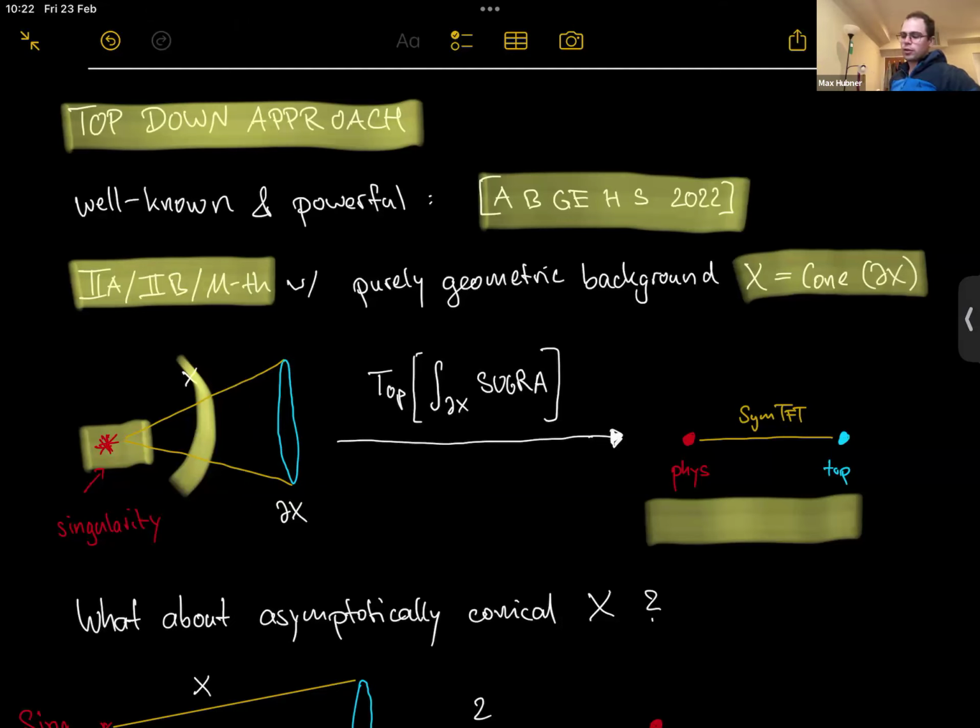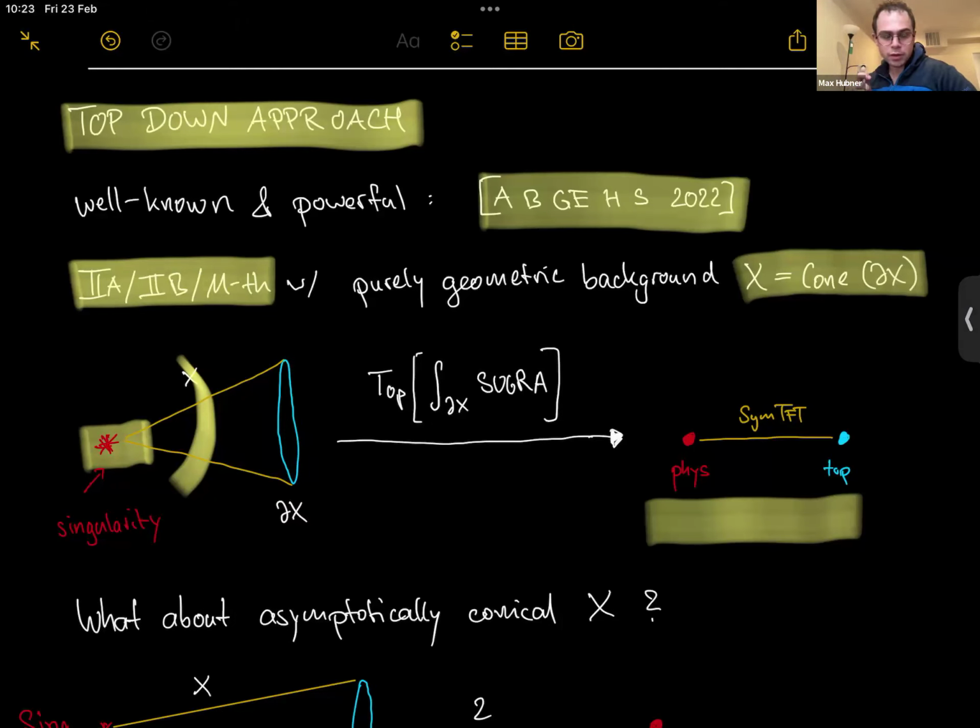I need to integrate, and the integrand is basically set by the supergravity theory in question. And then there is a restriction to the topological sector. And so this has been shown to work in many cases. It's very powerful in studying high-dimensional SCFTs, which can be defined via their geometric engineering construction. And so this has been a great success.